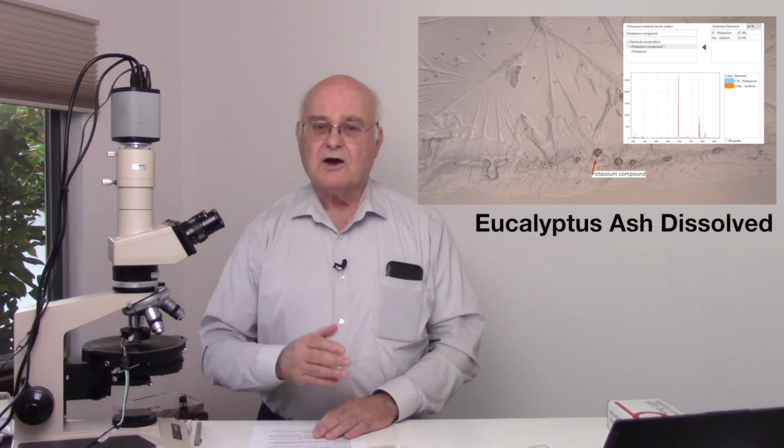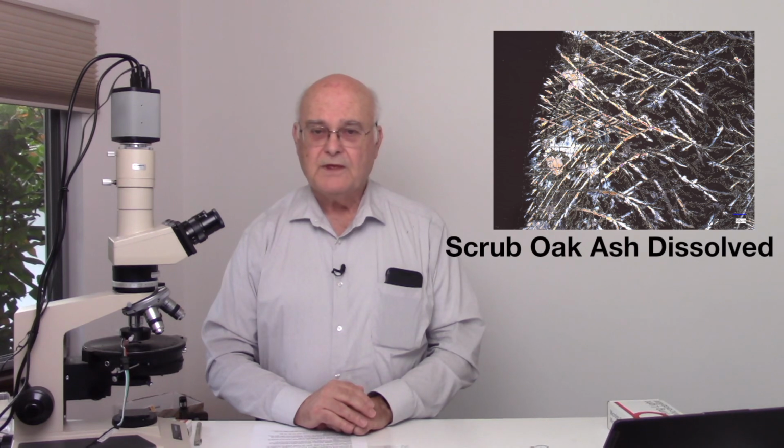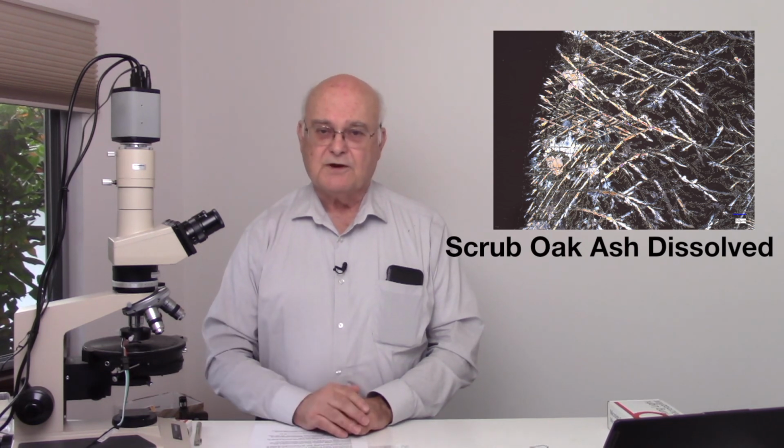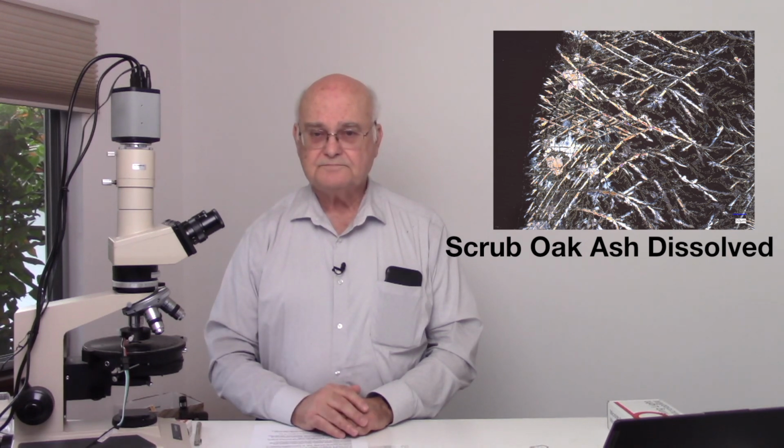Many of the potassium salts that form this kind of ash are soluble in water or in alcohol. So if you use alcohol or water moistened wipes to take your sample, many of those materials have simply gone into solution and are gone. If you use a microvac, the microvac also will destroy these extremely fragile particles.